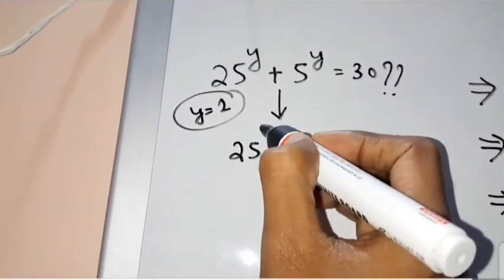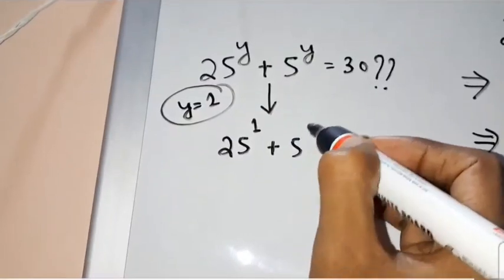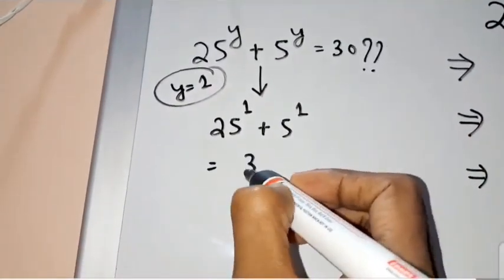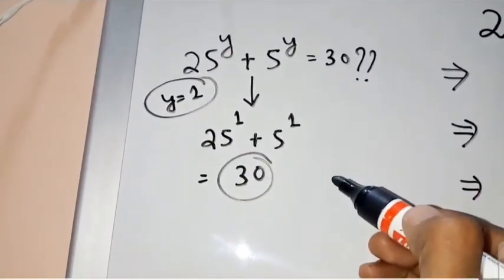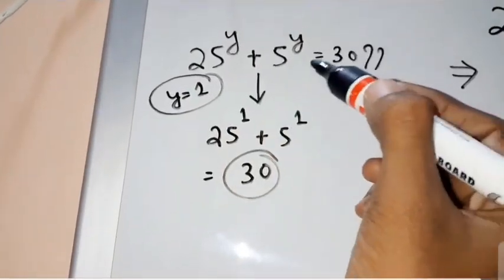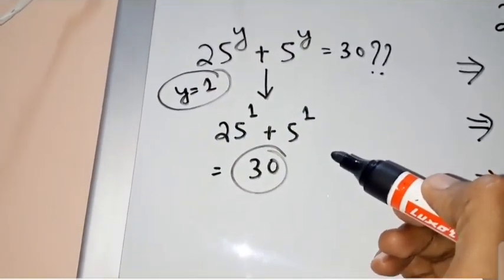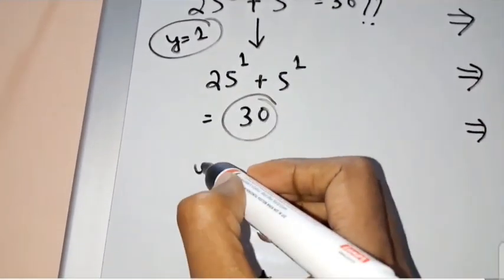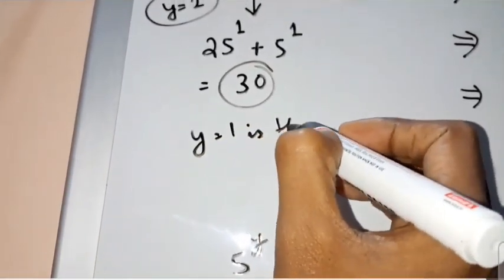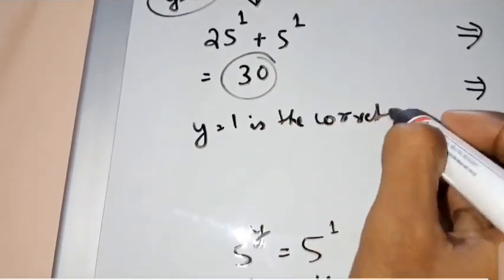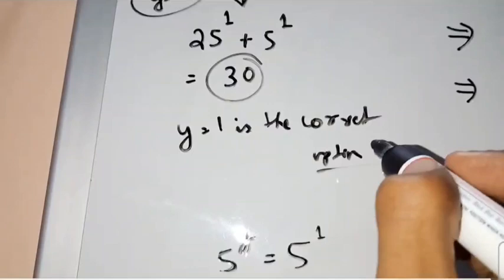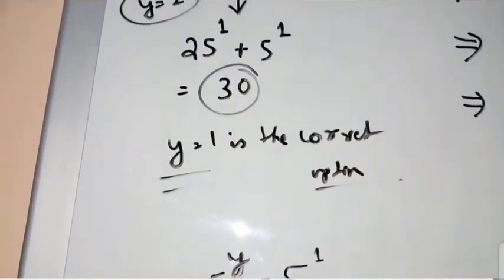That means 25 to the power 1 plus 5 to the power 1 is nothing but 30. So for y equals 1, the equation is satisfied. Hence y equals 1 is the correct option.